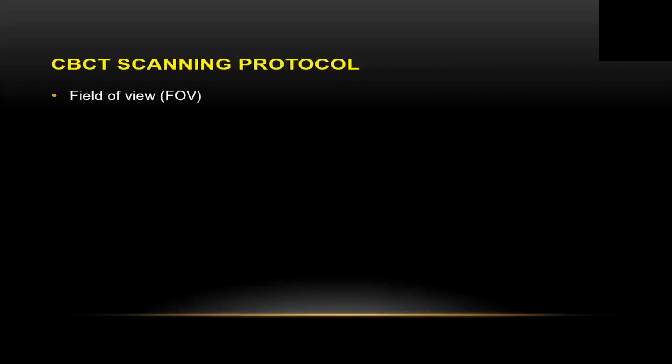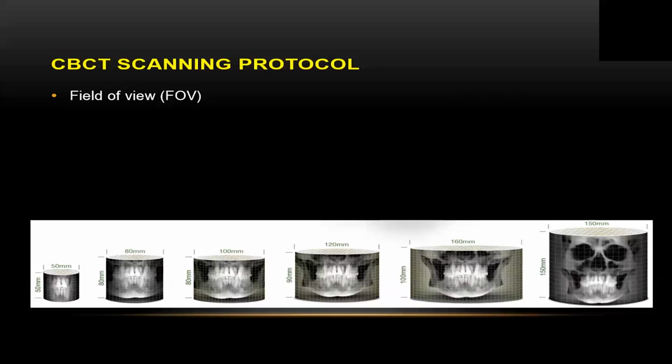Field of view. Depending on the unit that you have in your office, you might be getting different field of views depending on what you want to evaluate when you do airway evaluation. You might have to go with a large field of view scanner. So to the right side of your screen, a volume or a scanner which gives you a field of view this large will show you all the way from frontal sinuses to epiglottis.